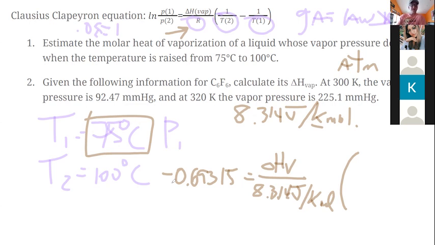So we have to convert T1 and T2 to Kelvin. So 1 over T2 minus 1 over T1. What's my T2 going to be now? 373.15. And my T1?